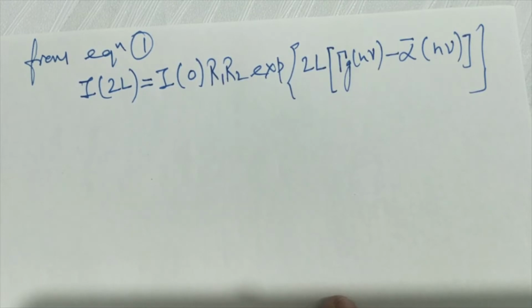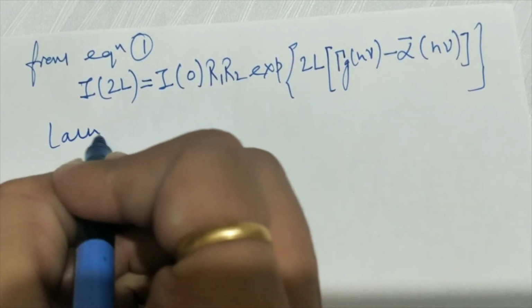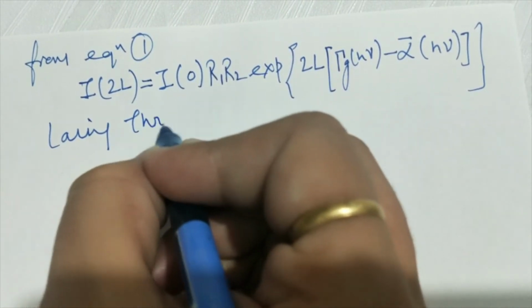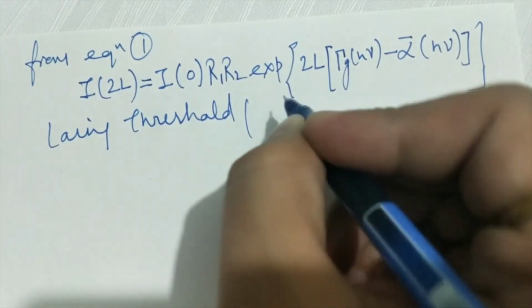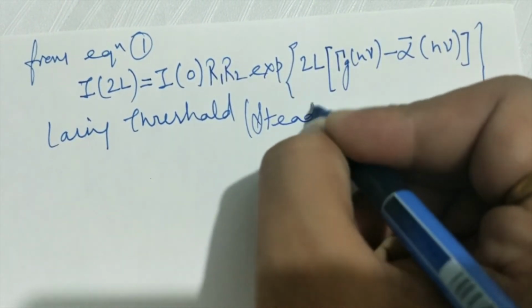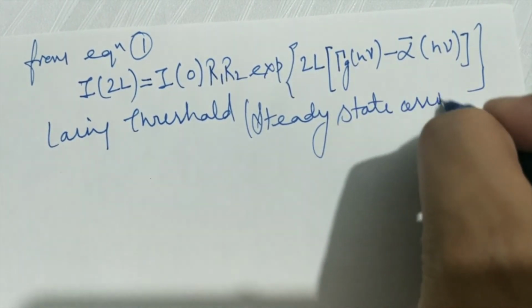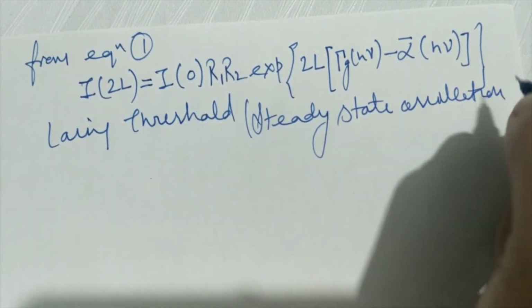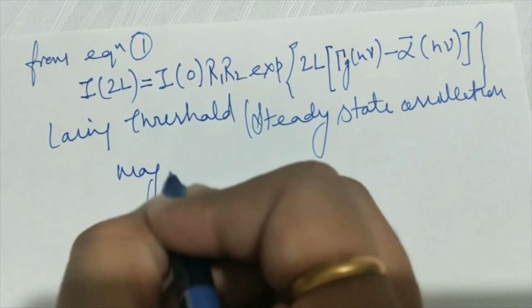At lasing threshold, that is steady state oscillation, magnitude and phase are equal.